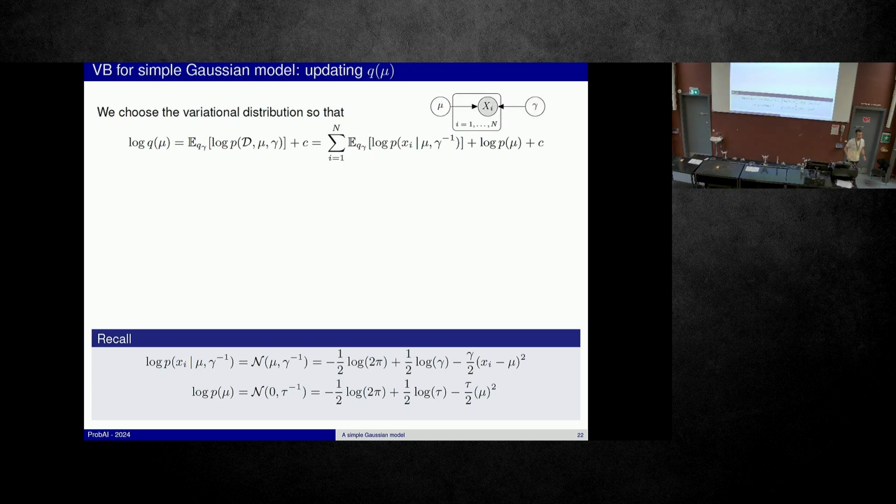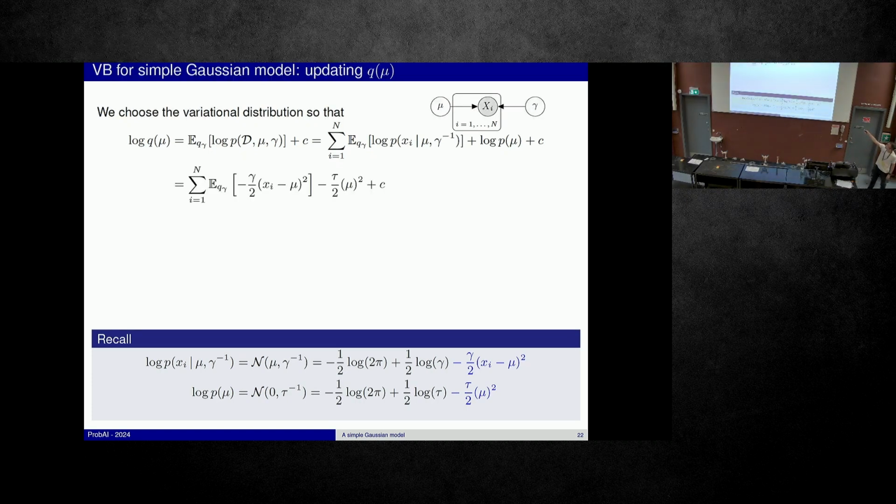Again, we can single out the components involving mu, which means we can throw away these parts here, since they are just constants in this context. Focusing on the two parts here, we have a contribution from this part, which is this over here, and for the prior we have tau divided by 2 multiplied with mu squared, which is this part over here.